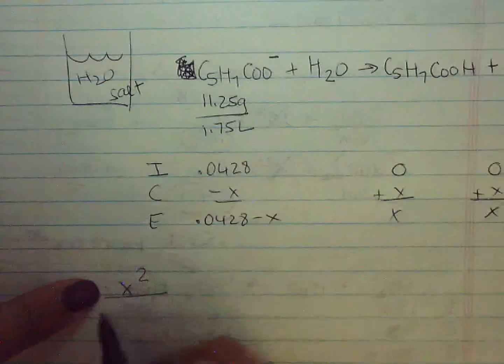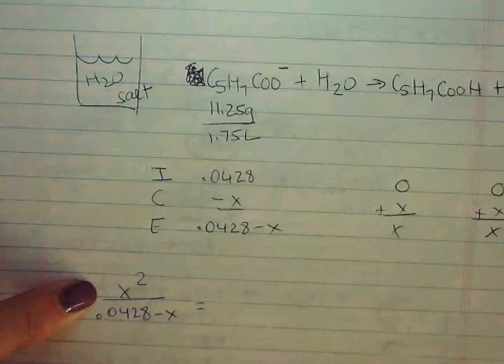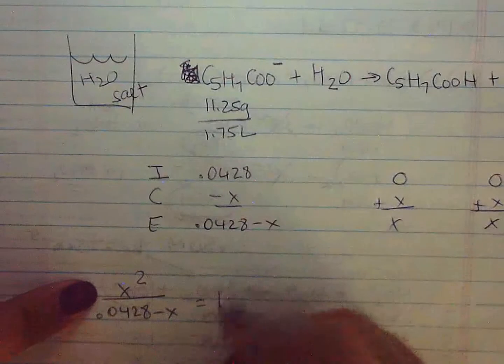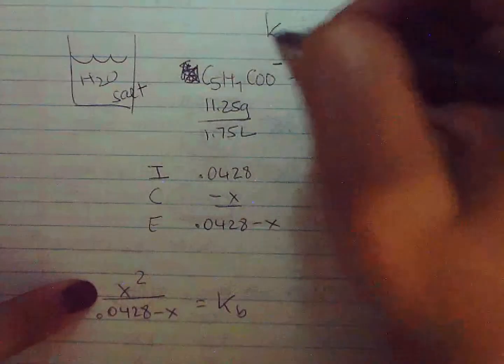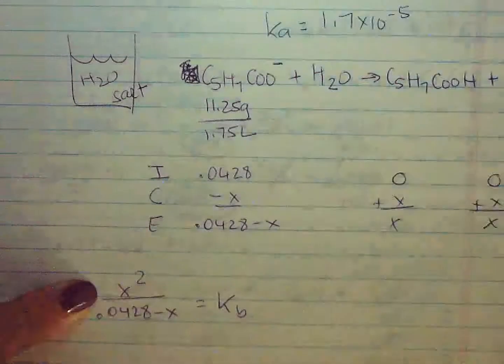X squared over 0.0428 minus X is equal to, what is it equal to, Ka or Kb? Look at what you're making: Kb. They didn't give me the Kb, they gave me the Ka. The Ka was 1.7 times 10 to the negative fifth.